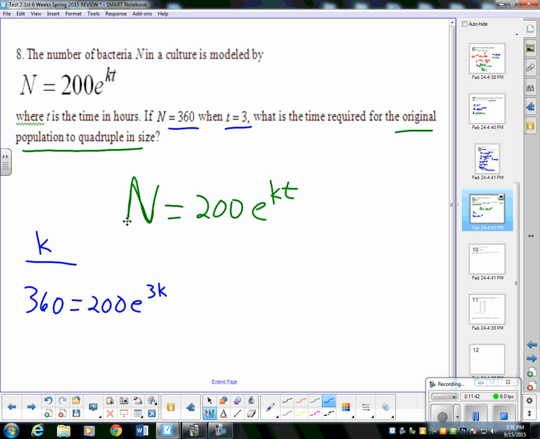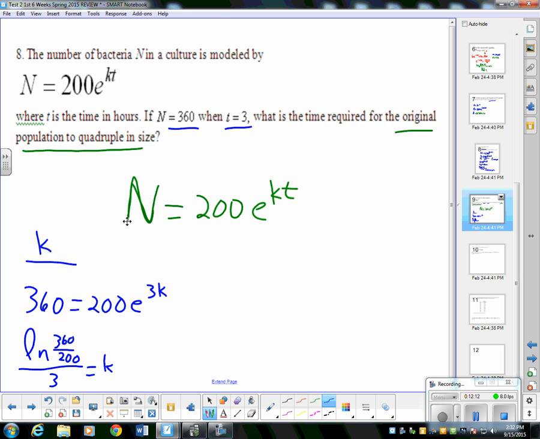All right, now it's just a matter of actually doing some solving. We could go through the steps that I did earlier in the previous video. If you watch the previous video, I walk through a lot of this step by step. This one I want to go ahead and cut to the chase. I know that if I have a base of e, I'm dealing with the natural log of 360 over 200, whatever that number is, and then I'm going to divide that whole thing by 3, and that's going to give me what k is.